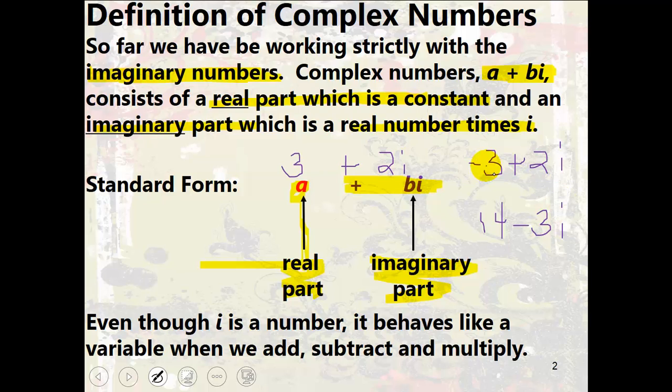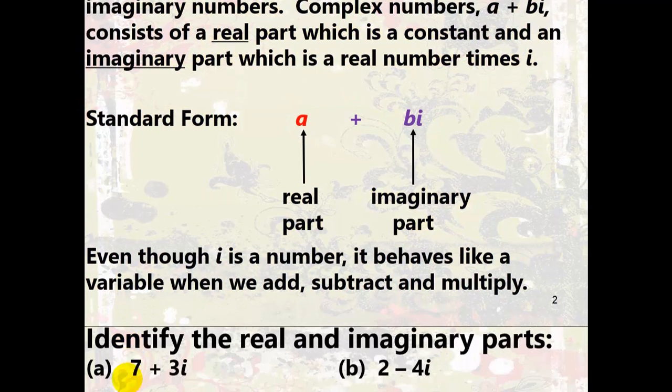So negative 3 and negative 14, those are reals. And then the part with the i, that's the imaginary part. So 2i and negative 3i. The cool thing about i is that even though it's a number, it behaves like a variable. So it behaves like an x. You can add them together, you can subtract them, and you can multiply them.